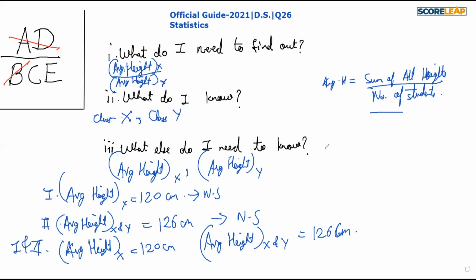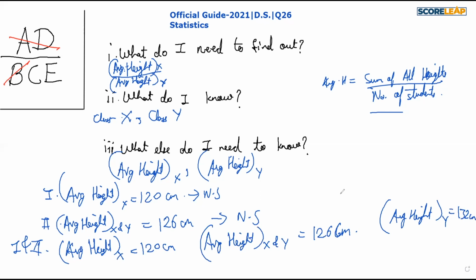If the number of students in both classes is equal, then the average height of class Y will be 126 plus 6, so 132 centimeters.